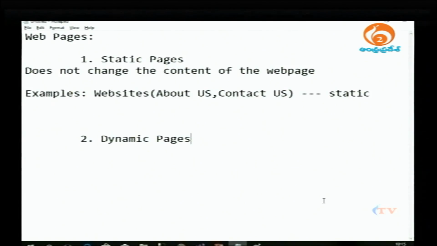So let's go on. The second version is dynamic pages. What are dynamic pages? Dynamic pages are pages whose content automatically changes every time, maybe in minutes, seconds, or hours; you will not have any particular thing that is constant here, correct?